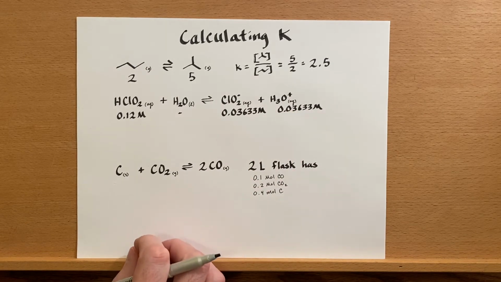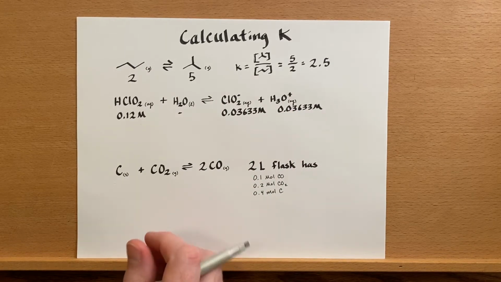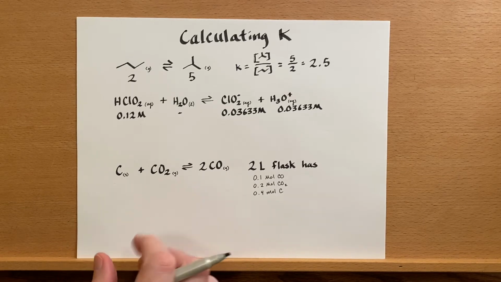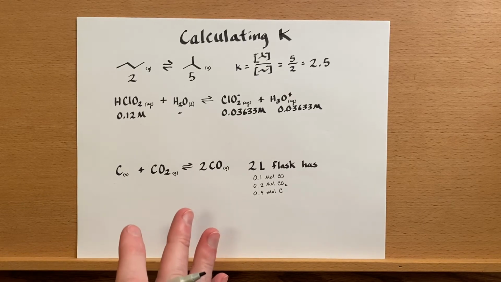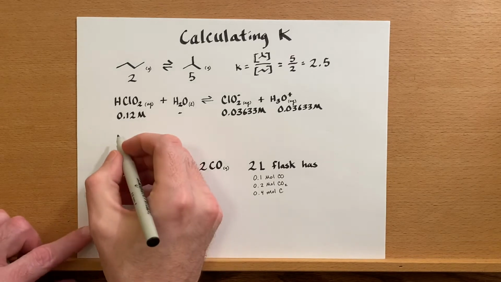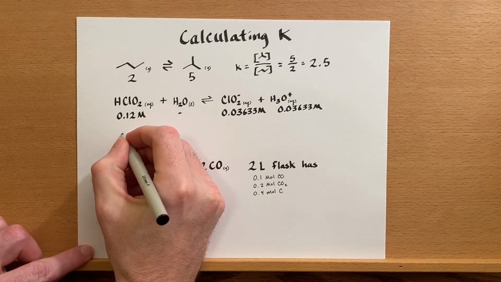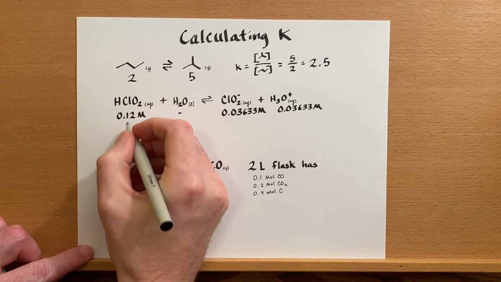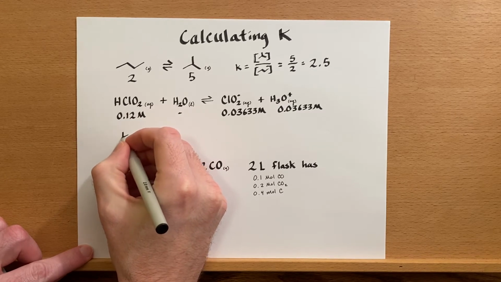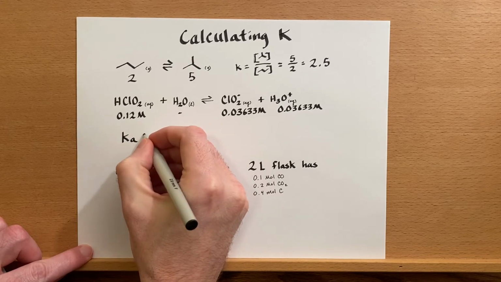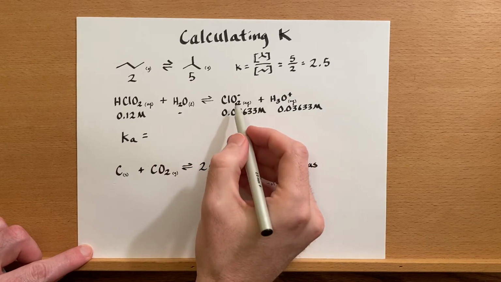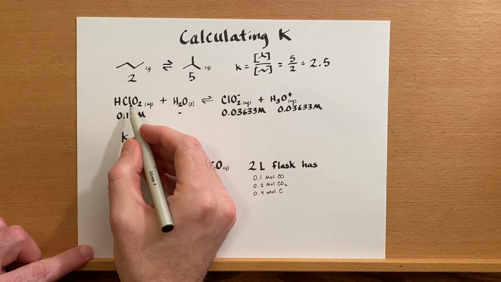So if we want to determine the value of the K for this reaction, first, again, we'll write down the K expression, which in this case is Ka because that's an acid. Remember, products over reactants.